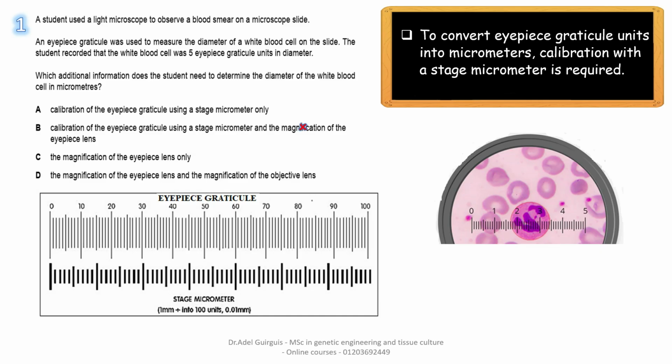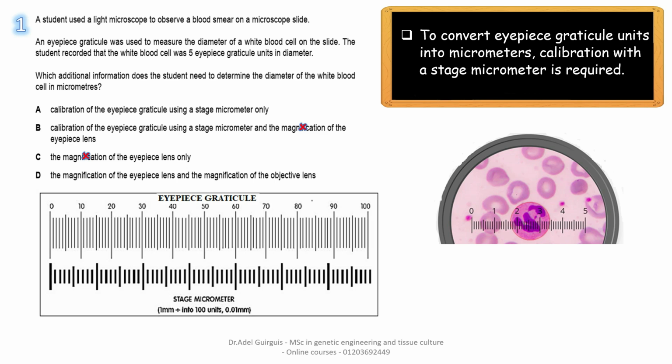While letters B, C and D are incorrect. Why? Because the magnification of the eyepiece lens and the magnification of the objective lens are not involved during calibration of the eyepiece graticule scale.